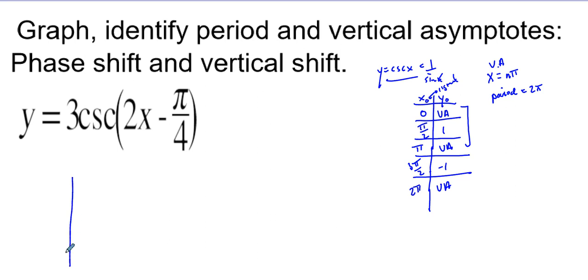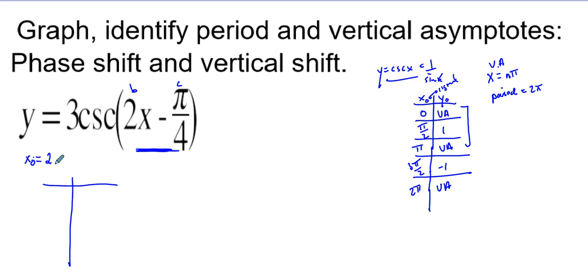Whenever you figure out transformations, you always look at the original and you manipulate it. So how is this changing? Let's look at the x's first. How are our x's changing from the original? I'm going to say this x of zeros. All these values, I would set equal to the inside, because that's what changes the inside. Notice I do have a b value and a c value-ish right here.